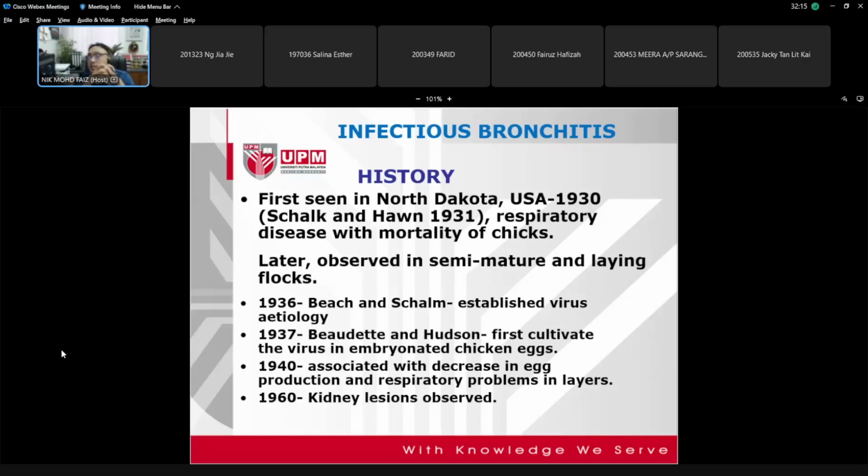The history of this disease: it was first seen in North Dakota, USA in the 1930s as a respiratory disease that can cause mortality in chicks. Later on, it was observed more in semi-mature and laying flocks. You don't have to memorize this history.